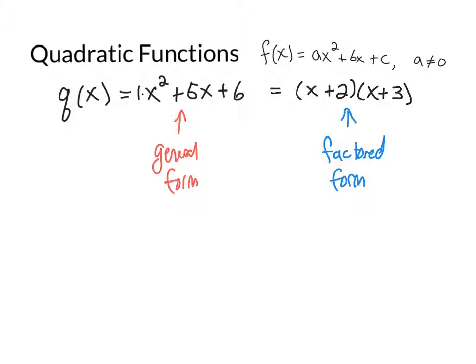One of the big things that we're going to focus on is how do I go between these two forms? If I'm in general form, how do I go to factored form? And if I'm in factored form, how do I go back to general form? There are two processes here. The first one, going from general form into factored form, we call factoring. How do I factor?